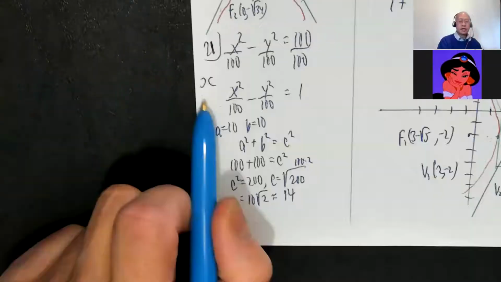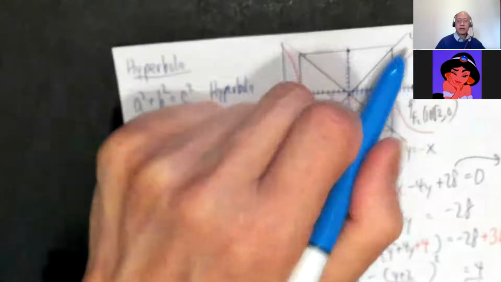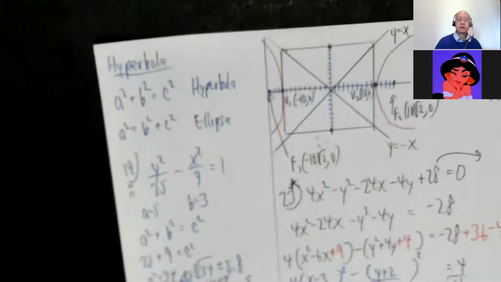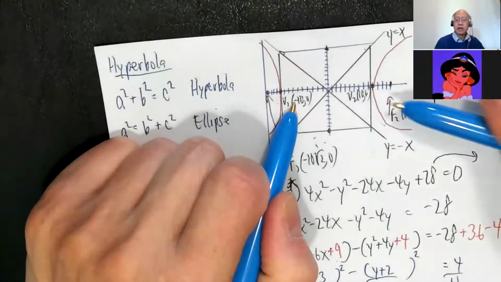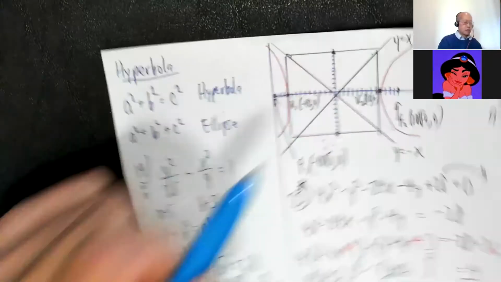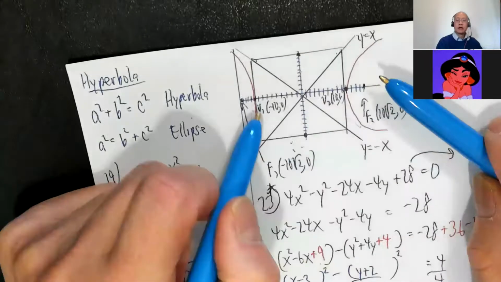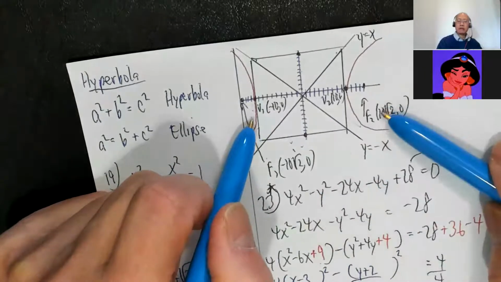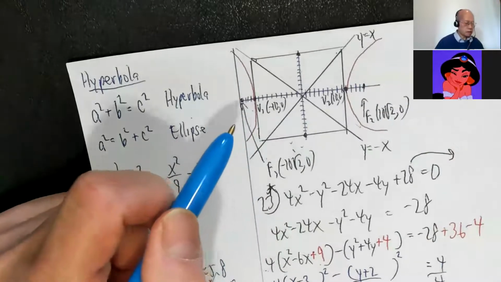However, since we already know it's the left and right variety of hyperbola, I just go like that and like that. Try to get this thing in focus here. Right, so my vertices, vertex 1 is negative 10, 0, and vertex 2 is 10, 0. Then I go out to roughly 14 it was. So my 2 foci are here and here, negative 10 radical 2, 0, and 10 radical 2, 0. So there's my hyperbola.